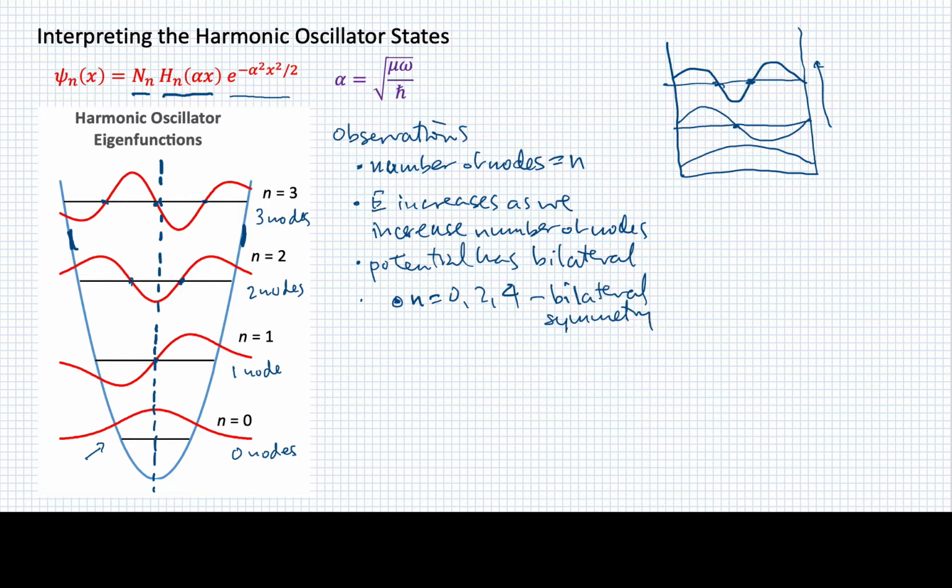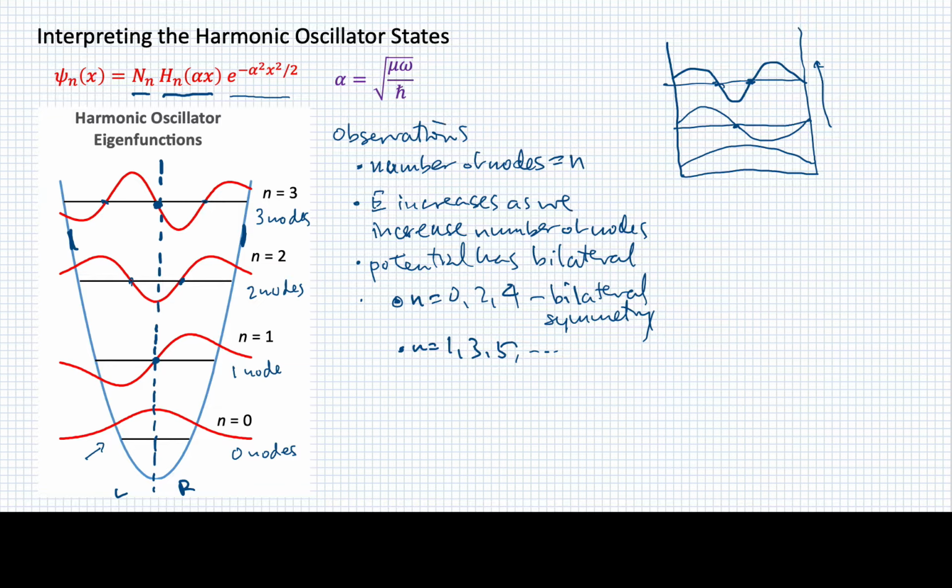In other words, this line cuts them in half also, and what you see on the left-hand side of the line is the same as what you see on the right-hand side. It's just reflected across. But when we look at n equals 1, 3, 5, and so forth, they don't have that same symmetry. In fact, what they have at that line is a node, and that's going to be true of all of the odd-numbered eigenfunctions.